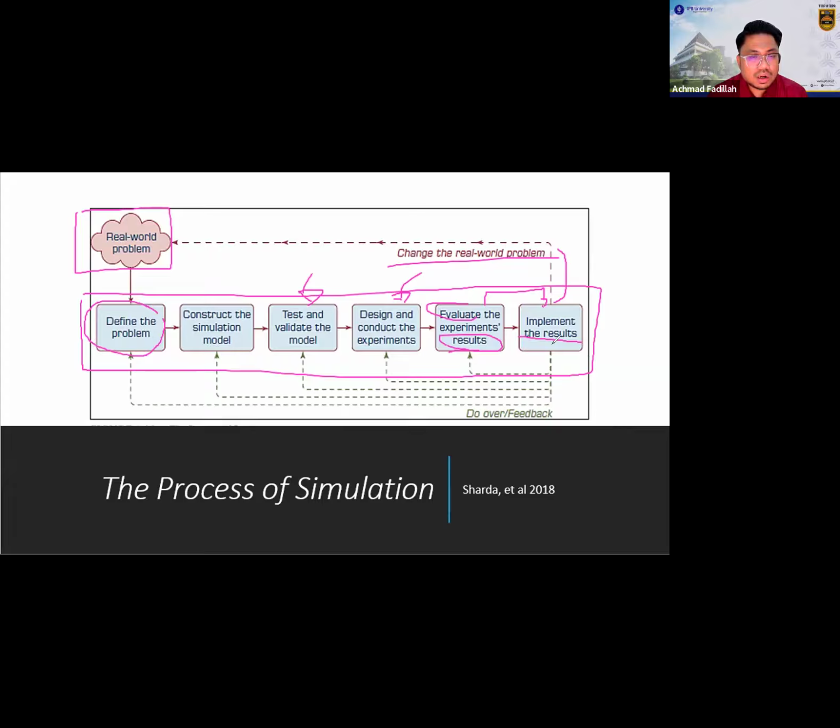Or you think it is not a good simulation model, so you go back to check the model, and then you can also go back to the test and validate the model step, and so on. The feedback is done over time. It can be checked every time you get a wrong result.